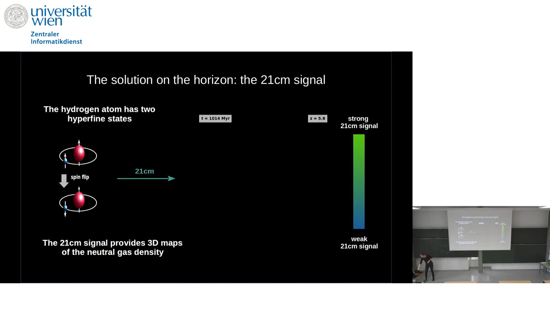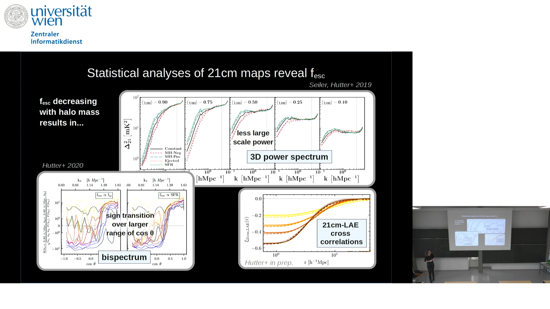I have been working a lot on this, mainly doing statistical analysis on these 21 centimeter maps. You can do the 3D power spectrum, where you can see, for instance, here a different simulation with different assumptions, and you can see there are differences. You can look at something like the bispectrum, where the sign transition over the angle of your triangle in Fourier space changes.